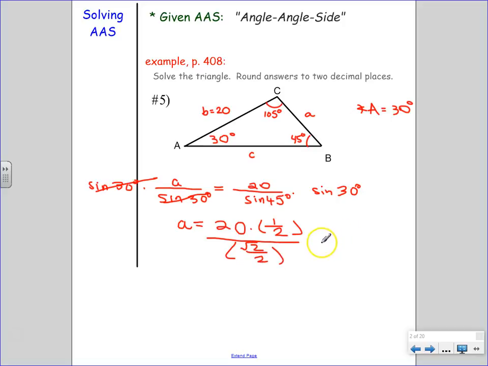Now, it's not going to be a pretty answer, sadly. We could do our nifty, like, multiply top and bottom by 2, right? We end up with 20 over root 2, which will be 20 root 2 over 2, which will be 10 root 2. Don't worry, I'm just going for it. I rationalized.